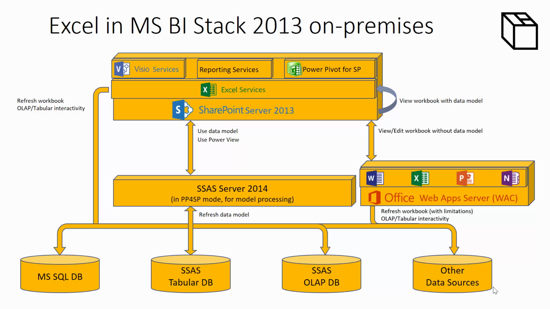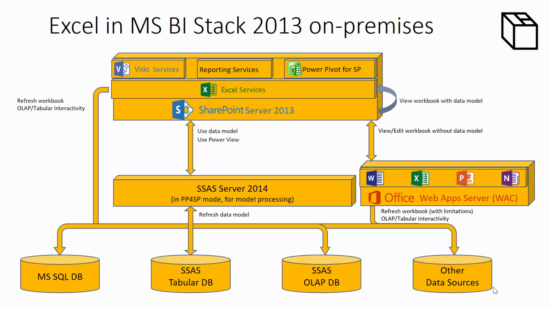This server in the 2013 version was used by those organizations that required basic Excel web functionality or basic Word web functionality and did not focus on the BI scenarios.